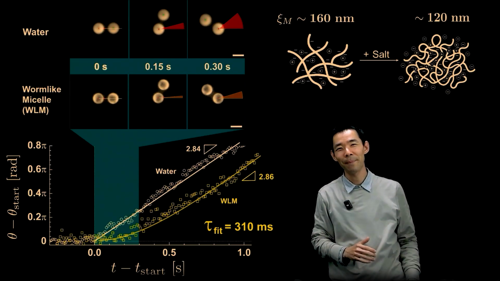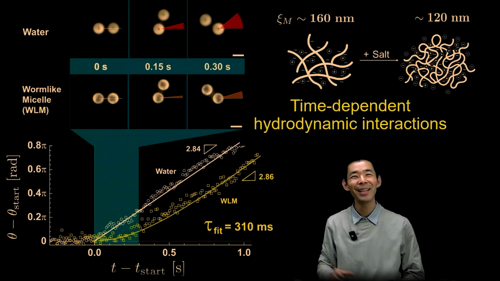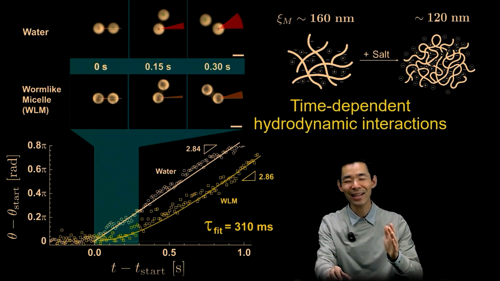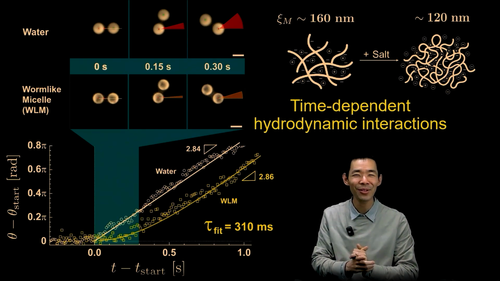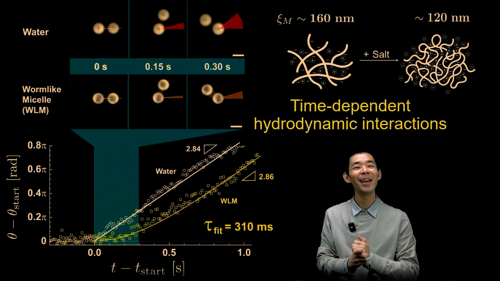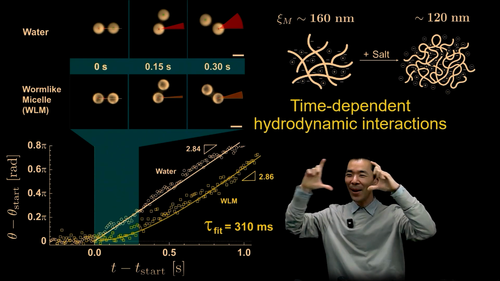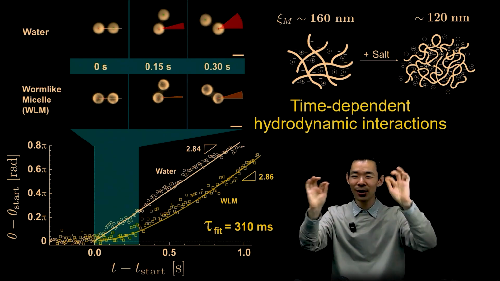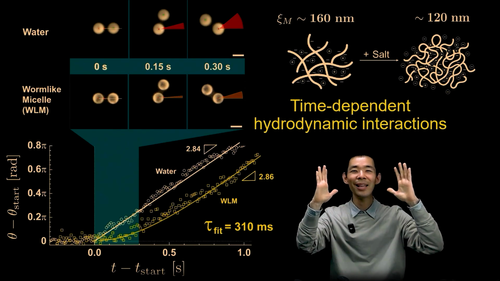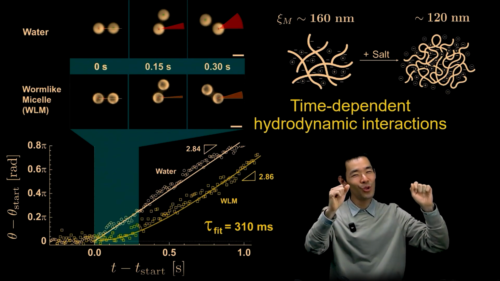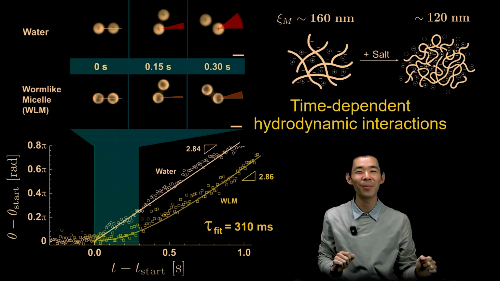Now, what's really cool about this measurement is that we have a direct and precise measurement of time-dependent hydrodynamic interactions. Usually, for water, you could just take a picture of where all of your particles are located, and just by knowing the position at an instantaneous snapshot, you can calculate all the hydrodynamic interactions between all the particles.